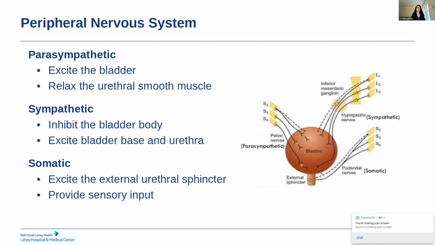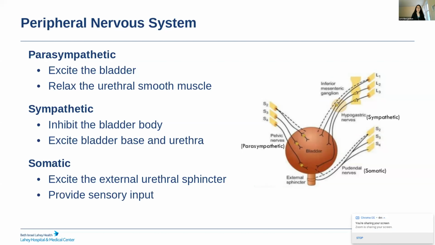So let's break that down even further. The parasympathetic pathways are used to excite the bladder or contract the bladder and to relax the urethral smooth muscle. So parasympathetics are used for voiding. The sympathetics are used to inhibit the bladder body, to prevent contractions of the bladder and to excite the bladder base and urethra to close the outlet. So that's more important in your storage function.